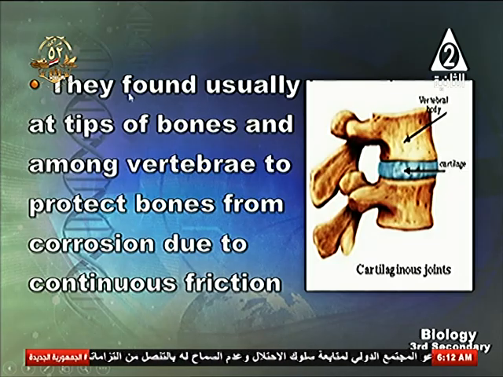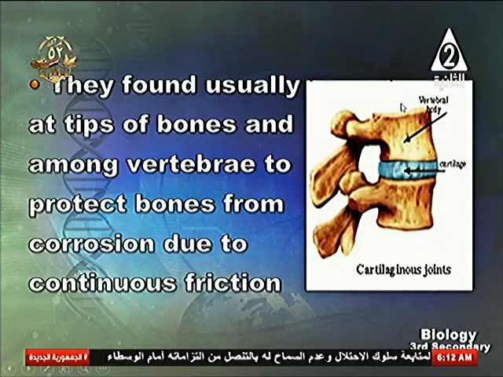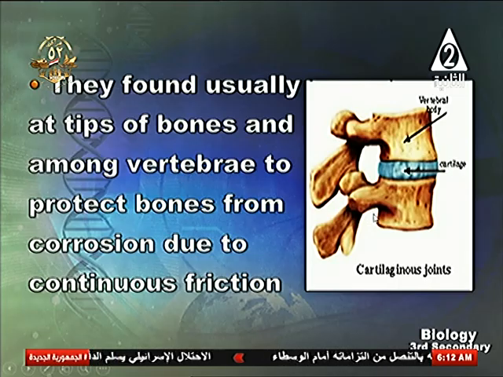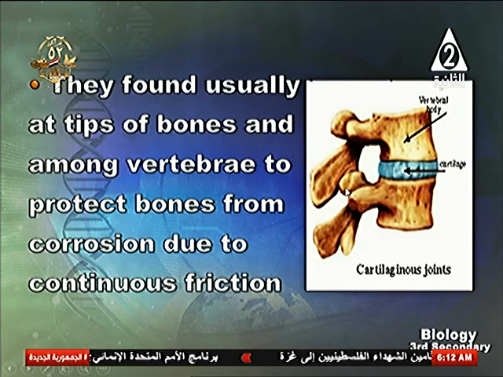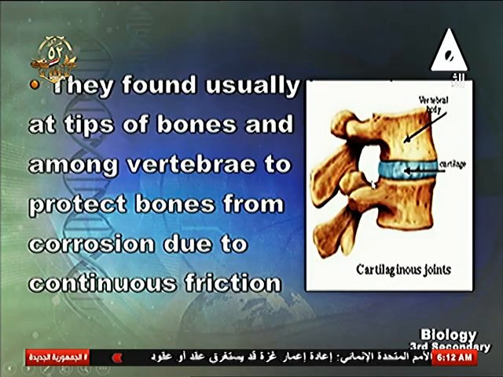Again, they are usually found at the tips of bones and among vertebrae. Why? To protect bones from erosion which happens due to continuous friction. When a bone hits another bone, or has continuous friction with another bone, it will be damaged or eroded as time passes. So the cartilage protects them.